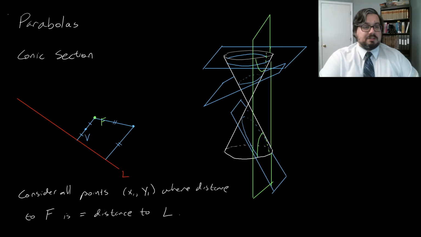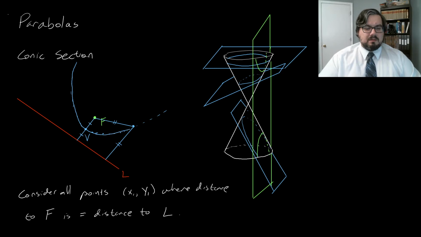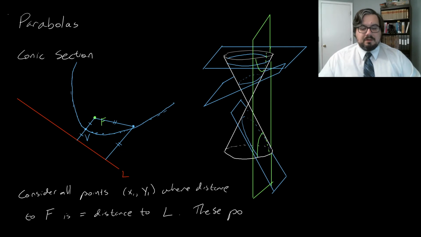And there are a whole bunch of these points, and it turns out that if you plot a bunch of them together, you will see that it is in fact a parabola. So these points form a parabola.